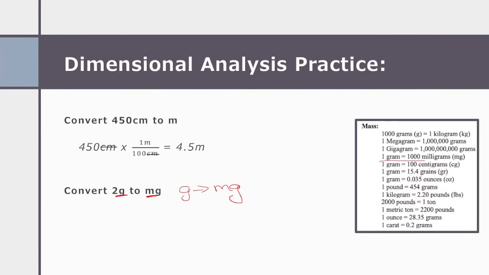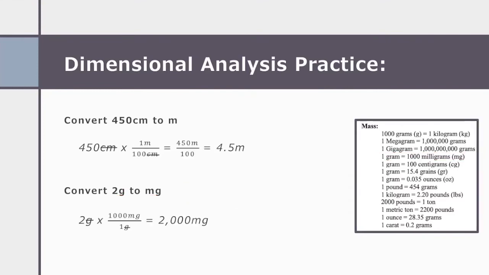Yep, I've got grams to milligrams. So 1 gram is equal to 1,000 milligrams. And there we go. I've got 2 grams, and I'm using that 1 gram equals 1,000 milligrams to convert this. So I'm canceling out my grams. Now I'm in milligrams, and there's my answer.